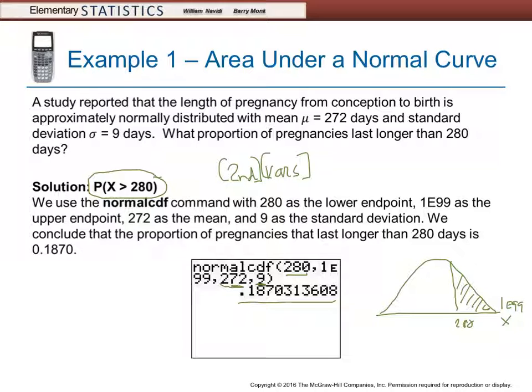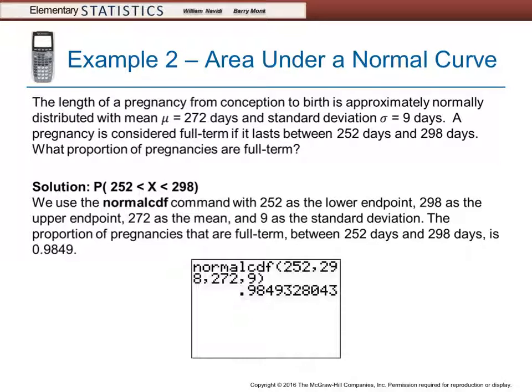So again, the probability that x is greater than 280 is approximately 0.187, or 18.7%. Okay, this is a little bit more accurate because there's a formula involved to find these probabilities.